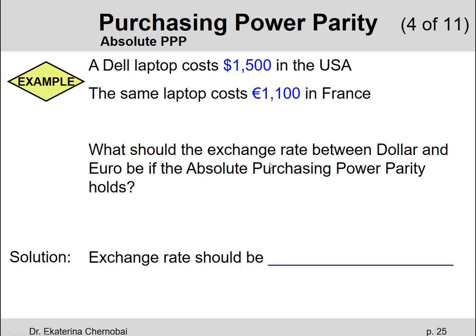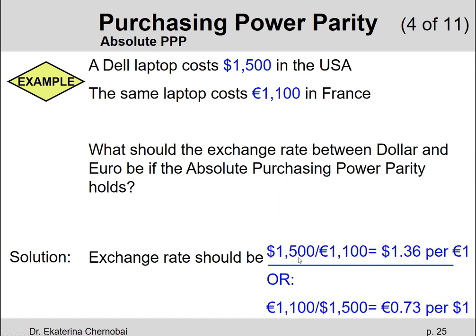So the exchange rate is, and remember how we can express it two different ways. If you want to express it in terms of dollars per 1 euro, then where we now have 1,100 euros, we would need to divide it by 1,100. So we are left with 1 euro. And we also divide the amount of dollars, $1,500, by 1,100. So $1,500 divided by 1,100 gives $1.36 per 1 euro.